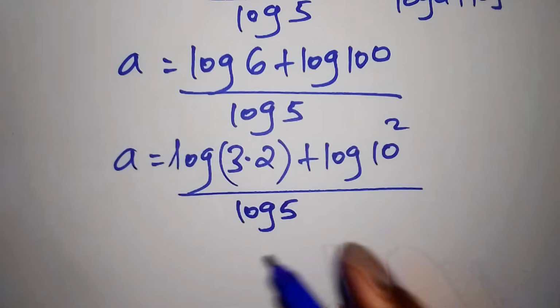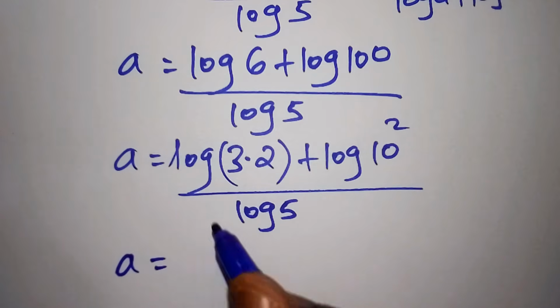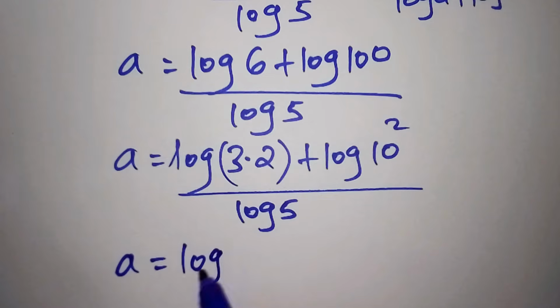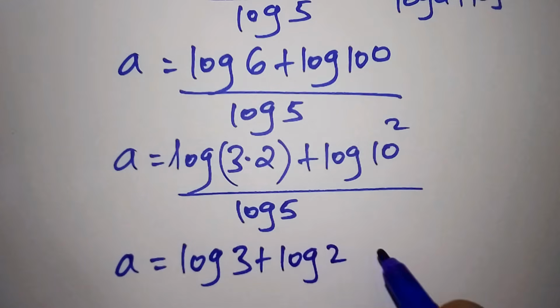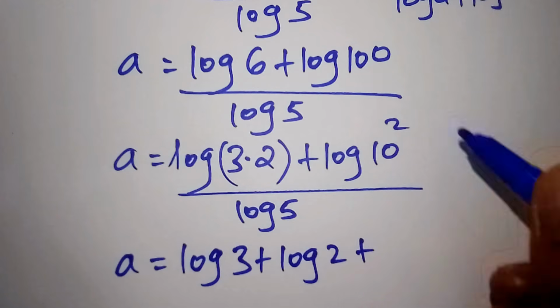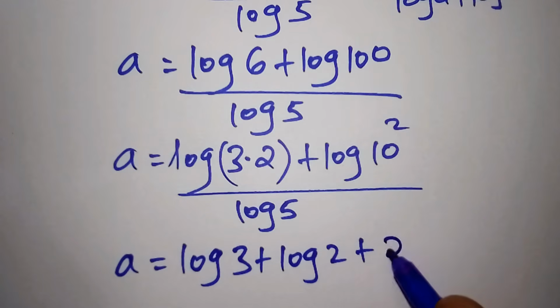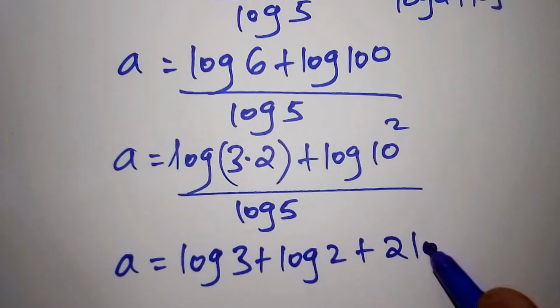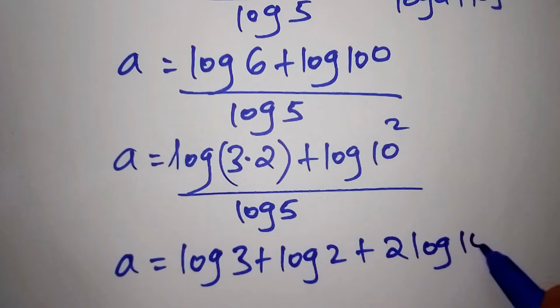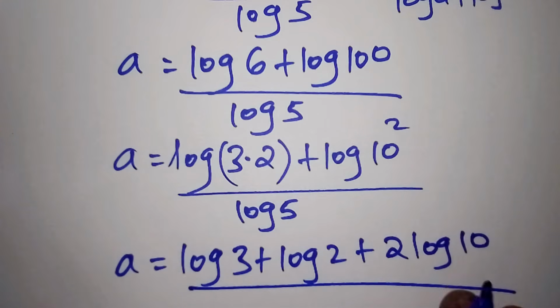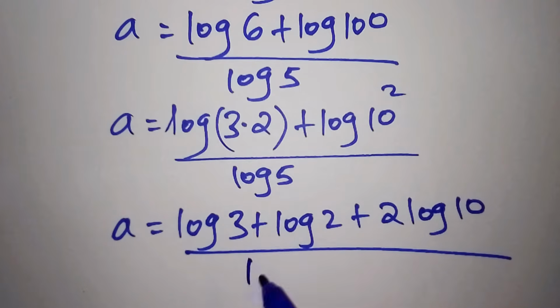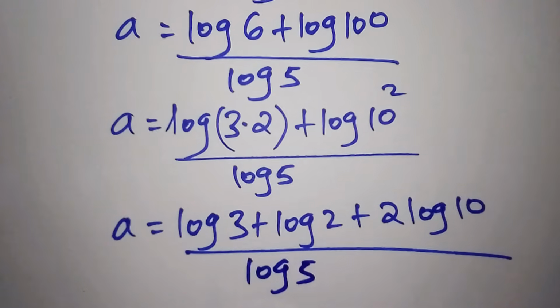Then next our value for a is equals to the log of 3 plus the log of 2, plus the log of 10 to the power of 2 can be written as 2 times the log of 10, all of these all over the log of 5.